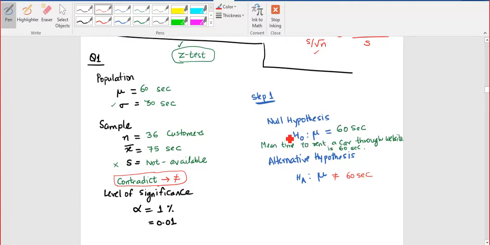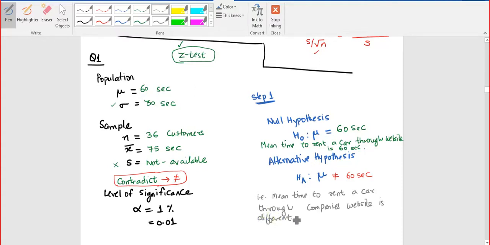So what we got: the null hypothesis is 60 seconds, and we can write the alternative in a statement. What does it mean? The mean time to rent a car through the company's website is different.